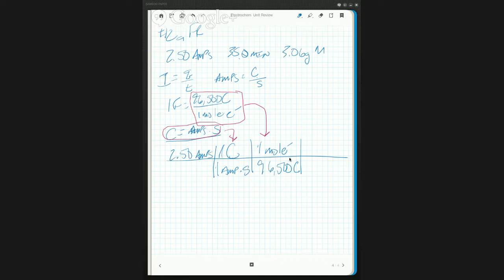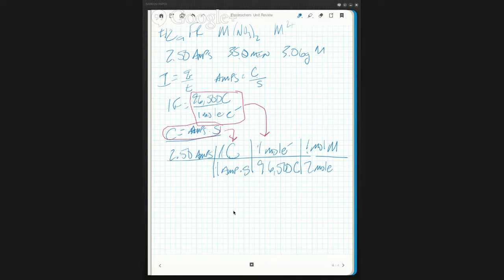Then, because it was MnO3 2, which meant the M was a 2 plus, for every 2 moles of electrons, you get 1 mole of whatever that metal is, M. The seconds are over here.